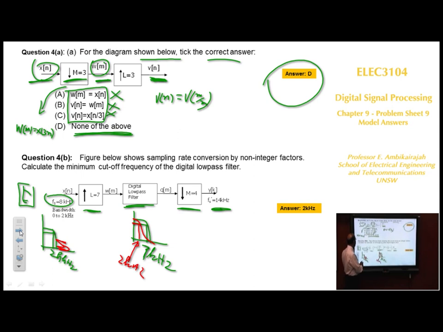So the answer for this question will be, what would be the minimum cutoff frequency? Right? 2 would be the minimum. The maximum cutoff frequency would be 7. You can't go anything above 7, it will be aliasing. The bandwidth is only 2 kHz, 0 to 2. Therefore, 2 is the answer for that question. Okay?